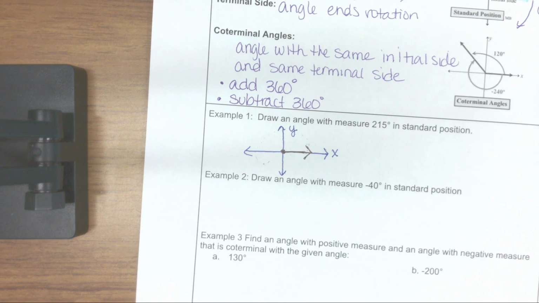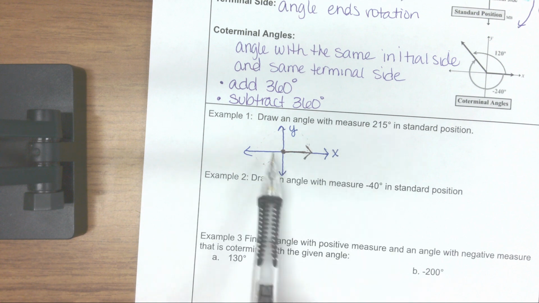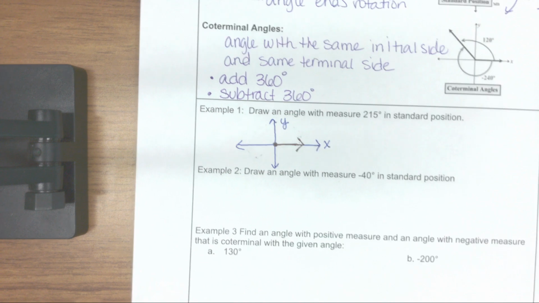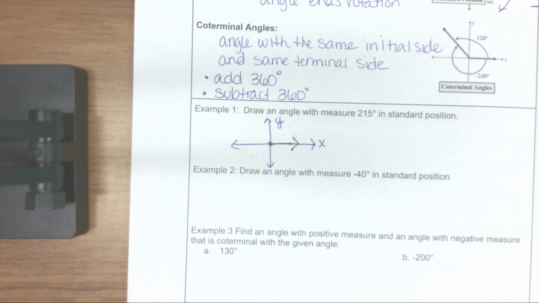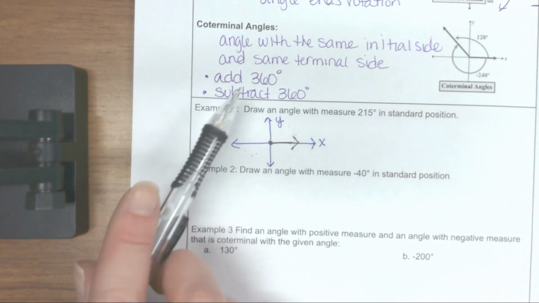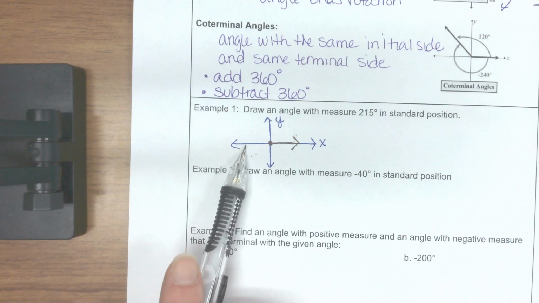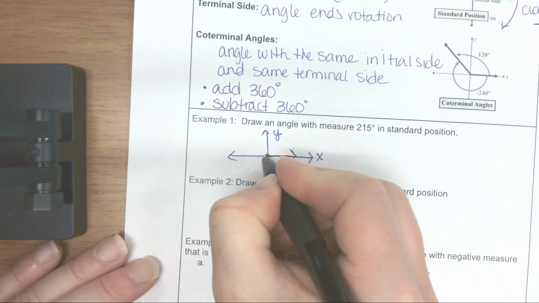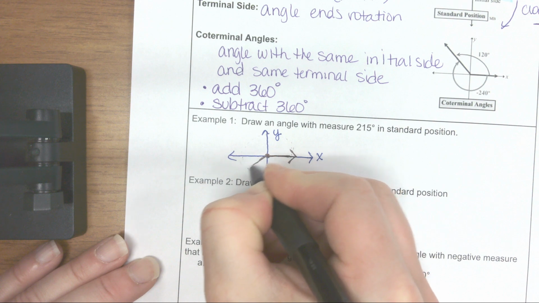Now, if we want to be the most exact without a protractor, I think we can eyeball it. Let's figure out how far 215 is past 180. 215 minus 180 is 35 degrees. Do you believe me? You can do the math yourself. So we're going to make the terminal side go 35 degrees past that 180 mark. 35 degrees maybe looks like this.